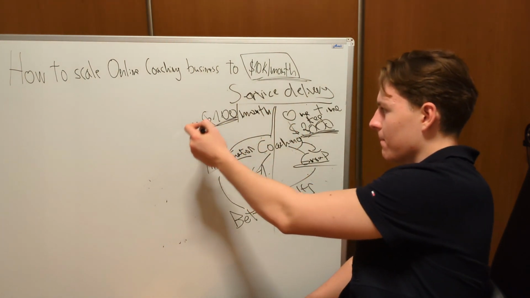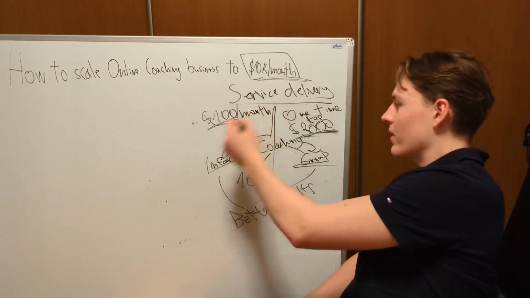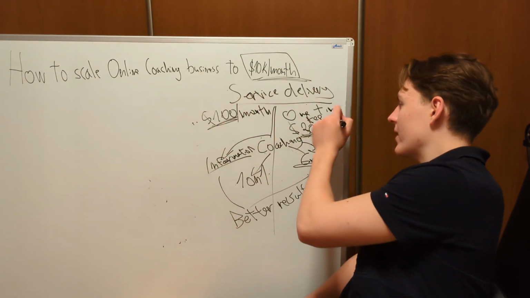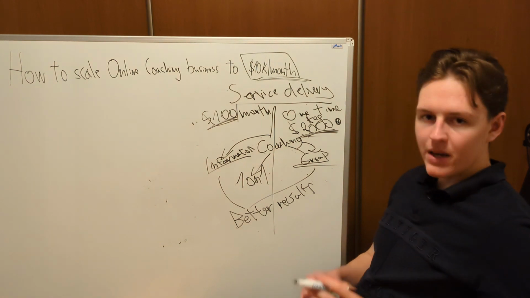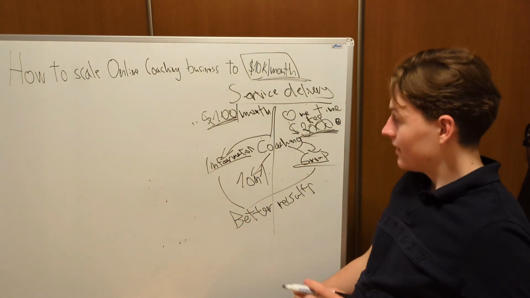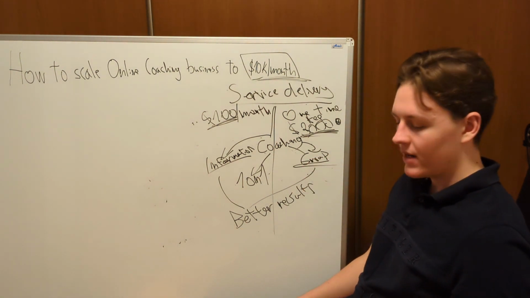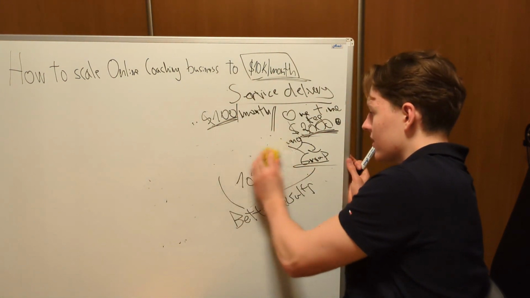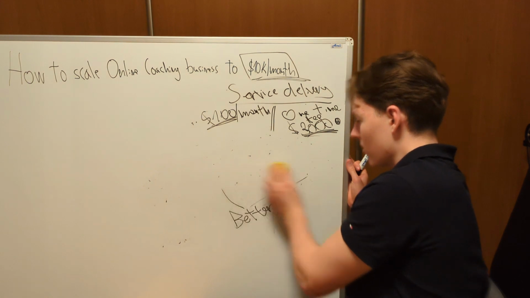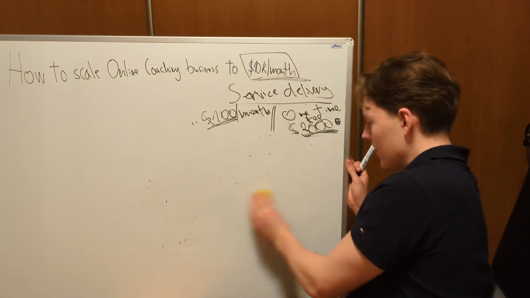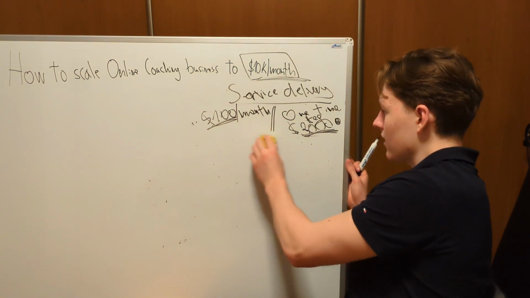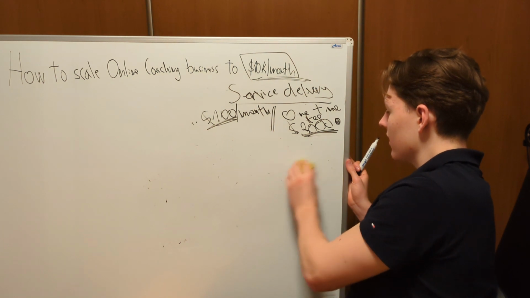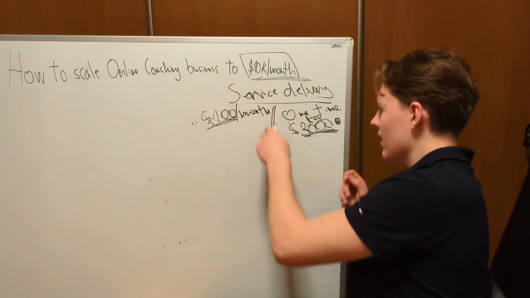The pay-per-month model where you don't have one-on-ones, or the one-time fee model where you just pay one time and then they get all the value. Now, there are a couple of differences when you're trying to sell these. So let's break it down.